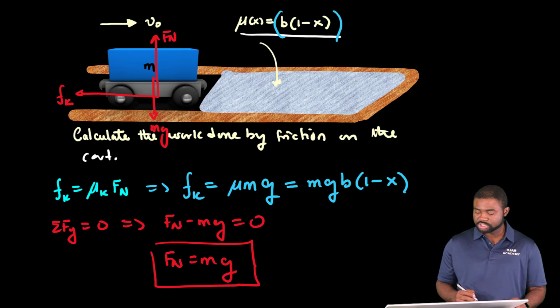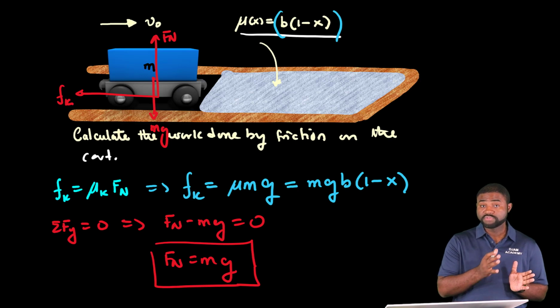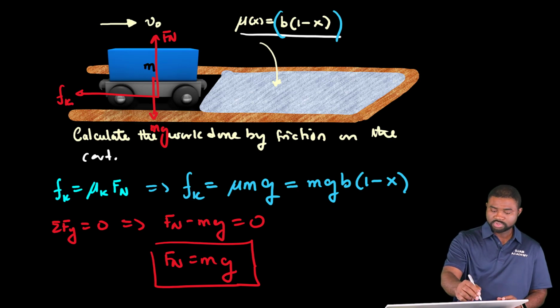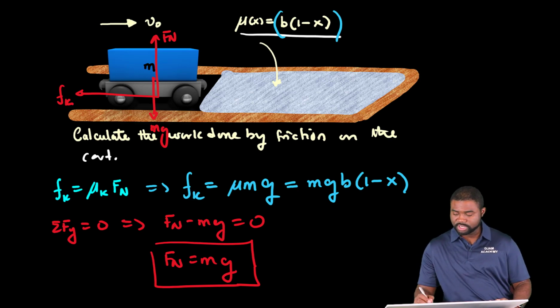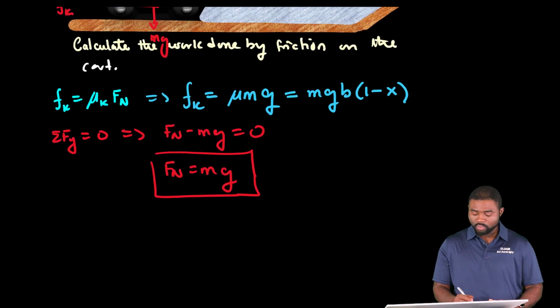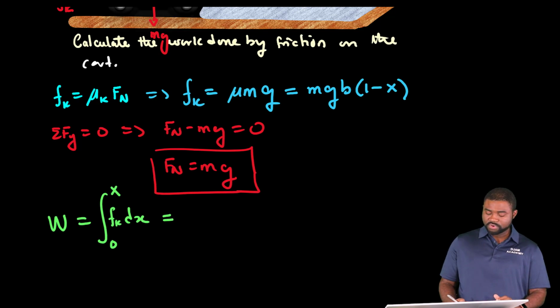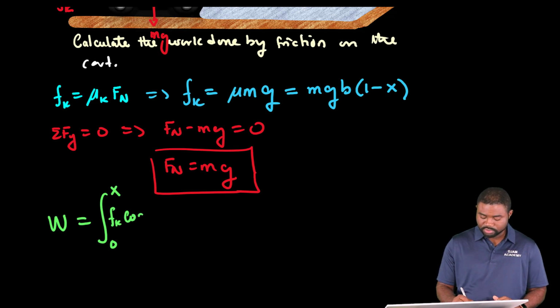So the question is, what is the work done by friction on the car? Because the friction force is a function of x, the force varies with position. Hence, we are bound to use the equation W equals the integral from 0 to x of fk cosine theta dx.